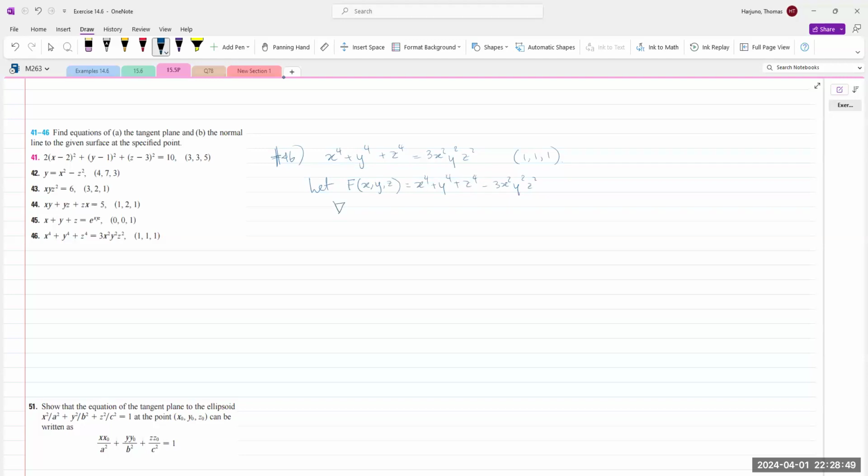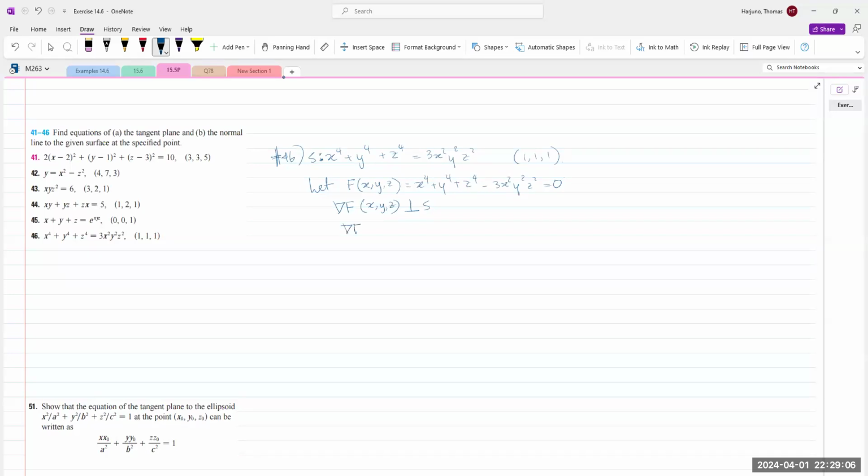Now this gradient of f, now this equals 0, right? This gradient of f will then be normal to the surface. If the surface is given by that equation, then it will be normal to that surface.